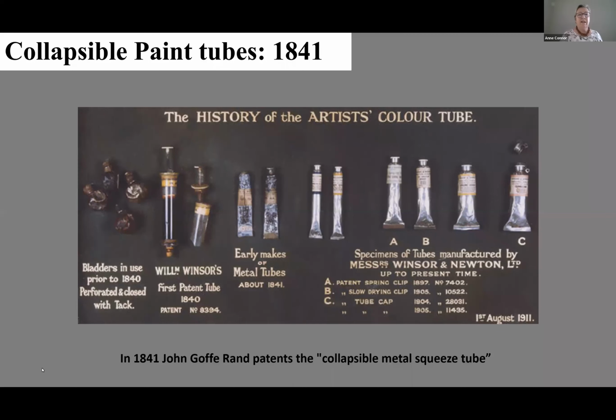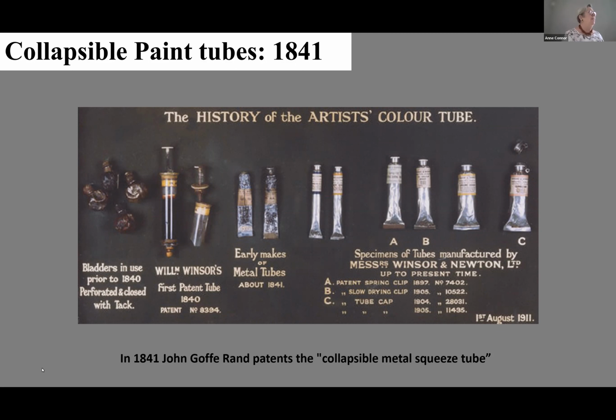that were invented in 1841 by John Goffe Rand, an American man here. And he is smart, he patents the collapsible metal squeeze tube. This is what he first did, and then he very quickly improved it to this, and then the rest were manufacturers, as you still know, this is Winsor and Newton that still exist, and we have different places.